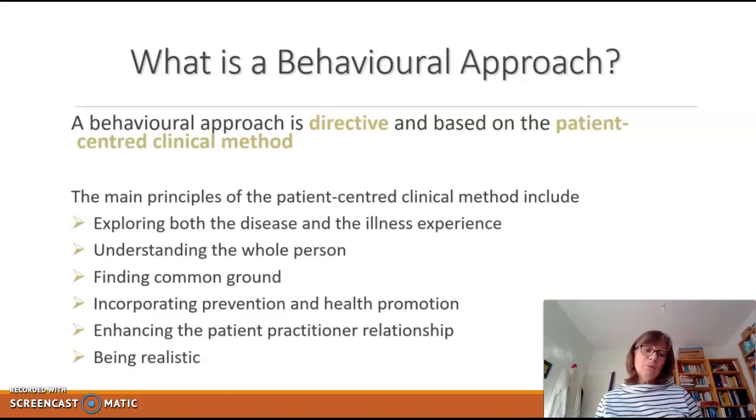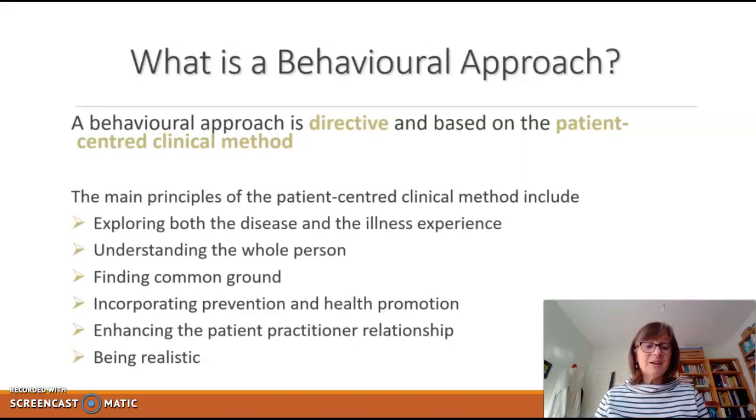We need to incorporate prevention and health promotion. And what I mean by that is, when we are looking at a person with celiac disease, for example, we might be thinking, right, they need a gluten-free diet. So we need to treat the celiac disease. But what we also need to be mindful of is, well, what's the long-term impact of that celiac disease? Actually, we need to consider their calcium intake.